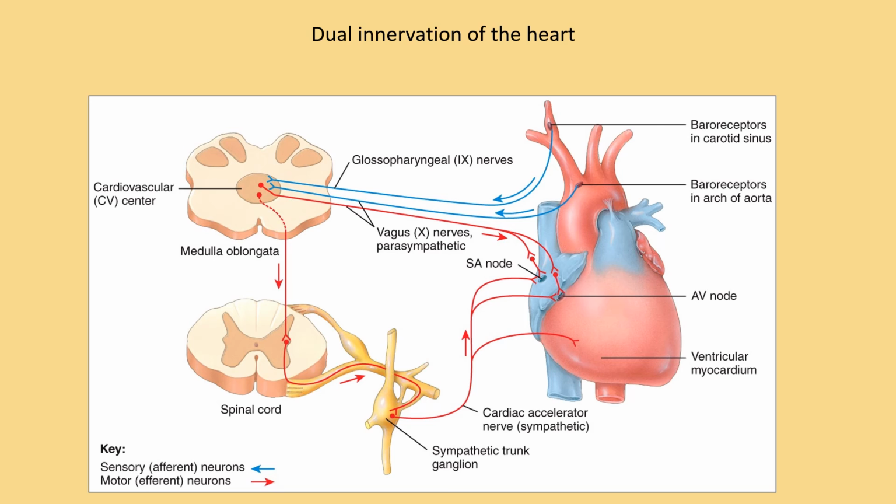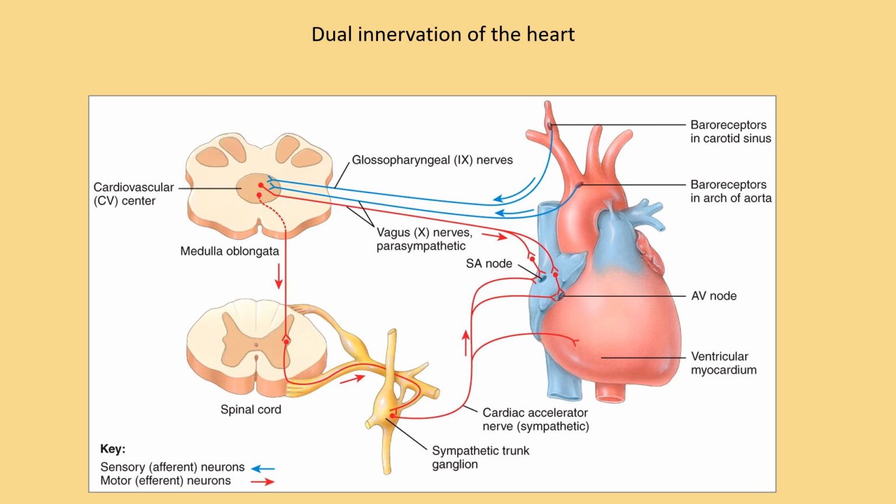On the right, we're looking at a segment of the medulla oblongata, and then down below, we're looking at a segment of the spinal cord. And again, the sensory inputs are color-coded in blue. So the afferent pathway is blue, and the efferent or the motor pathways are red.